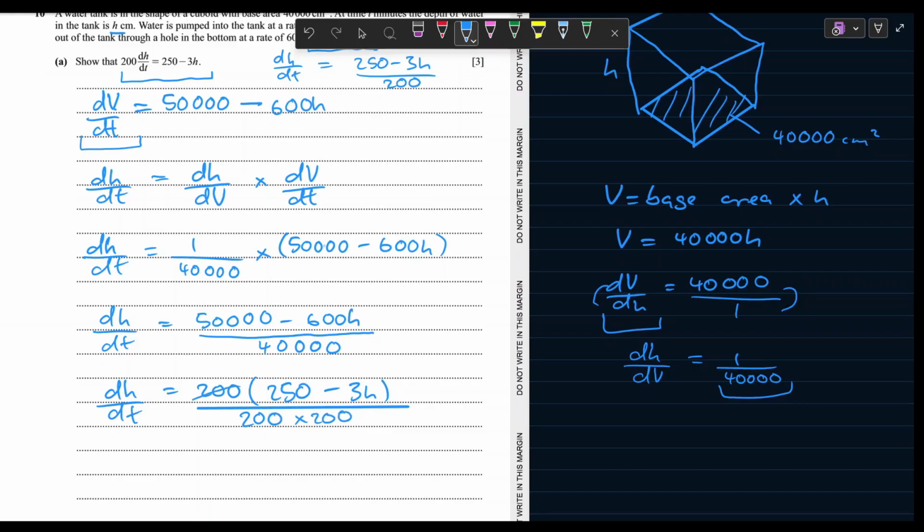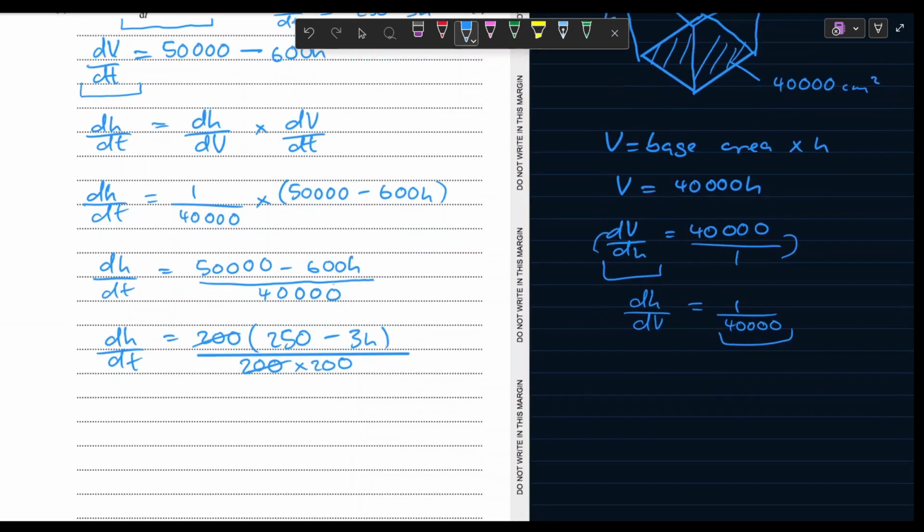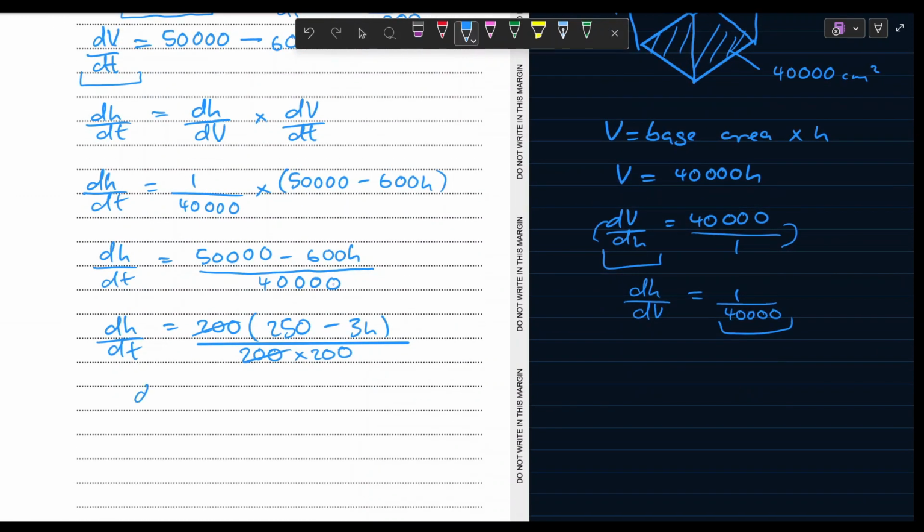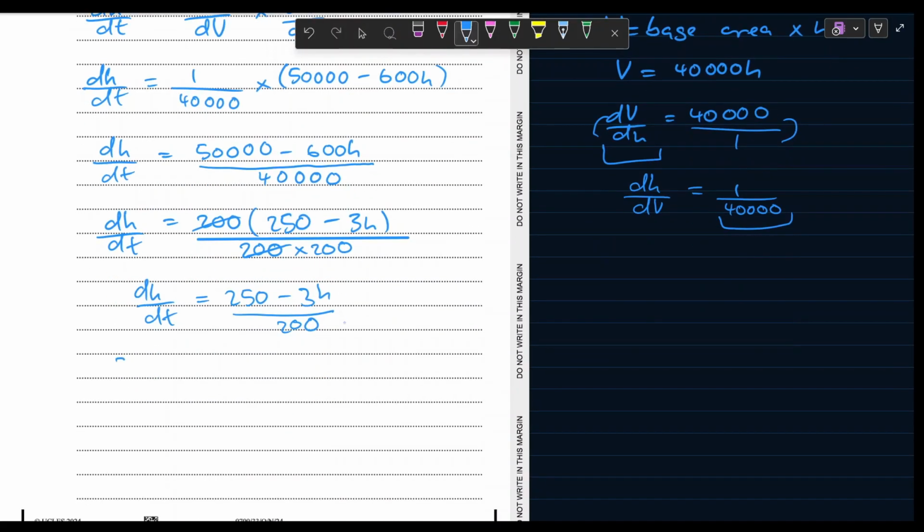And so this would cancel out, and you end up with dh/dt is equal to 250 minus 3h, all over 200. Multiply both sides by 200. You get that 200 dh/dt is equal to 250 minus 3h. And this would be our proof.